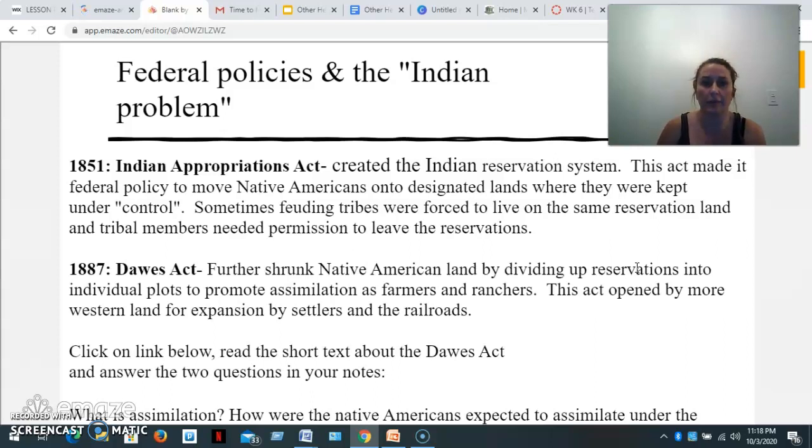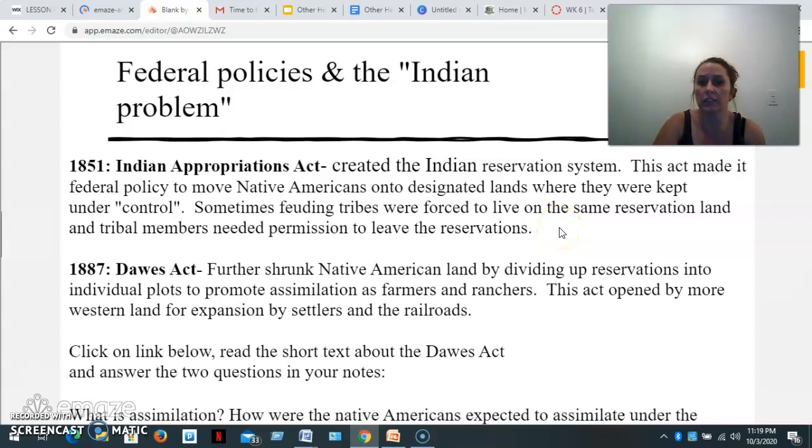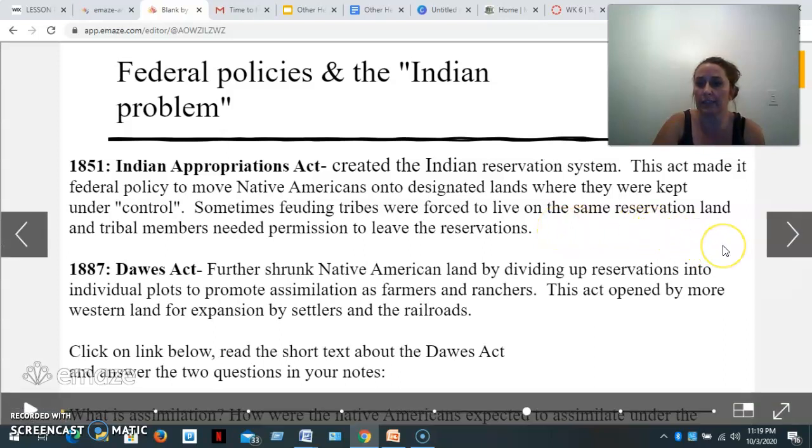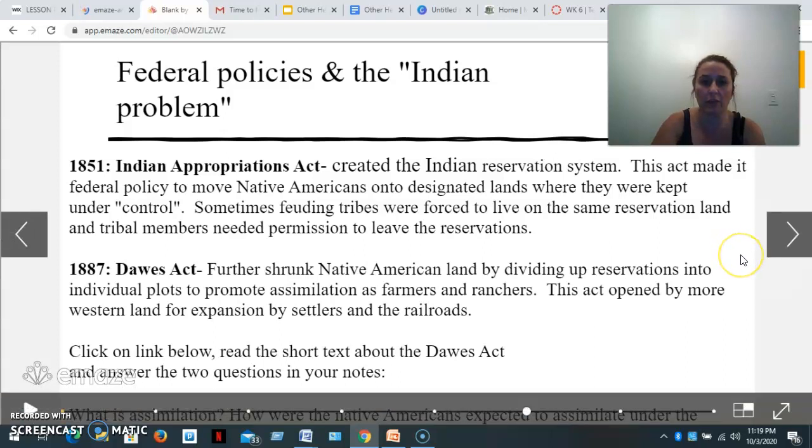This act made it federal policy to move Native Americans onto designated lands where they were kept, quote, under control. Sometimes feuding tribes were forced to live on the same reservation, and tribal members needed permission to leave the reservation.